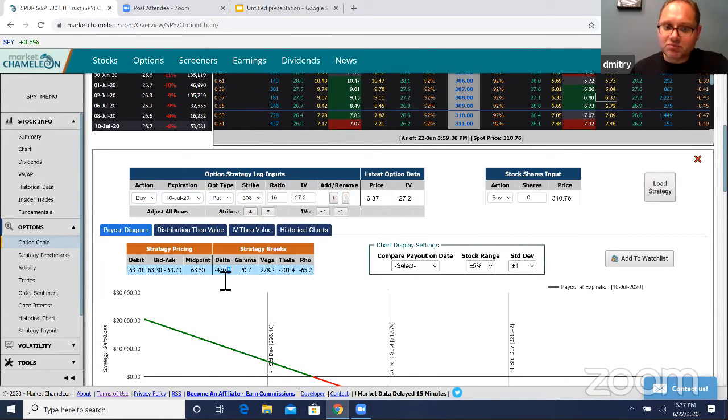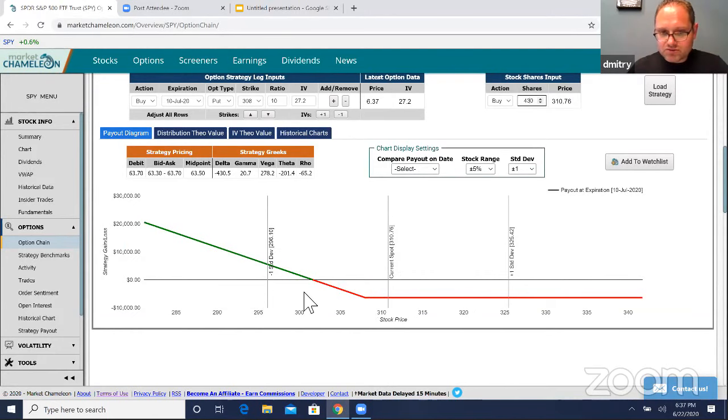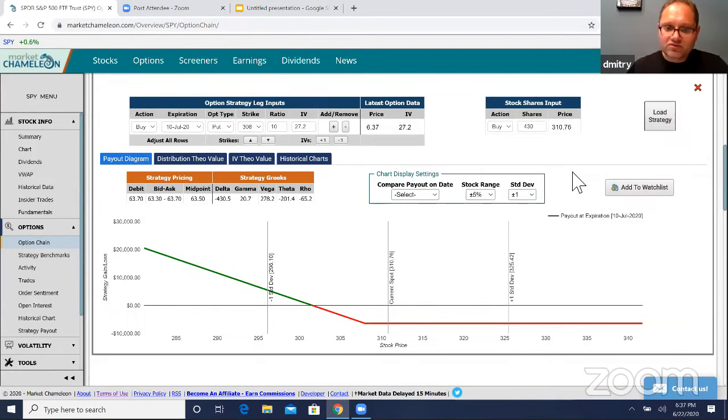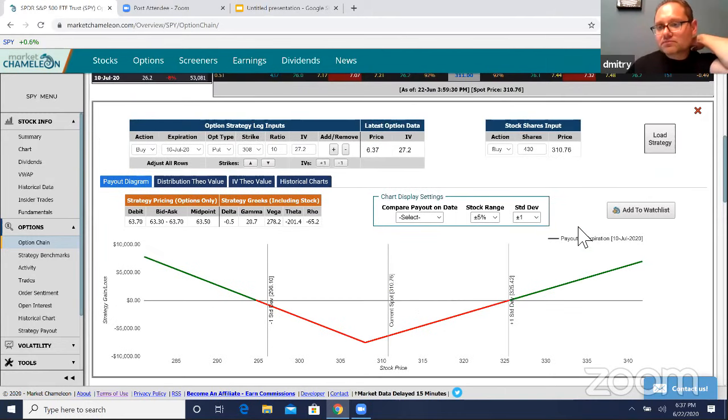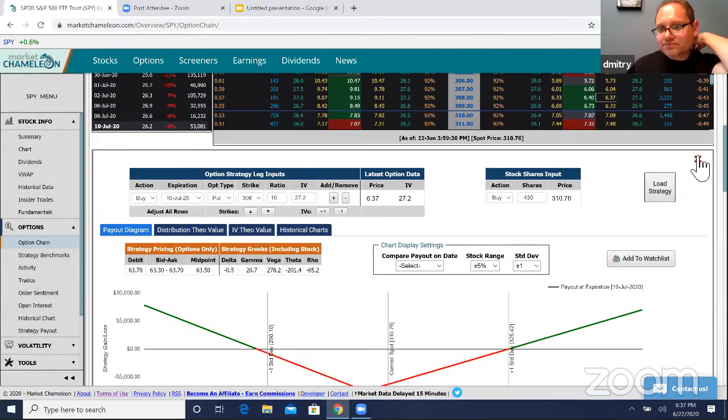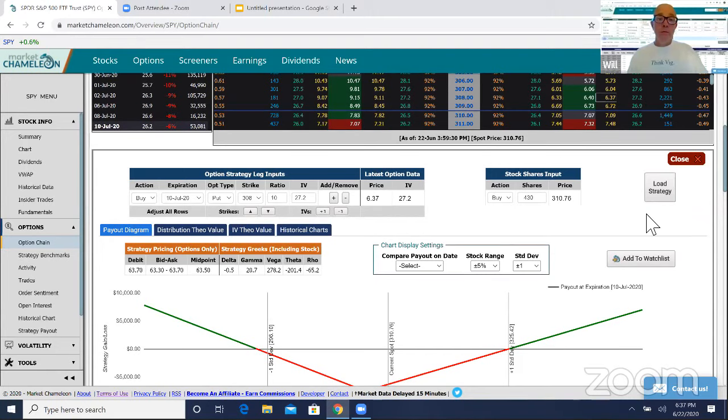Long 10 puts, I need to buy about 400 shares. This is what it would look like, 430 shares. See, this is my delta now, and that is delta neutral. It's going to look like a straddle because it doesn't matter which way it goes. Does that help? Yeah, that helps a lot.